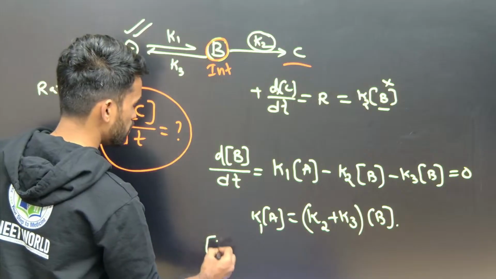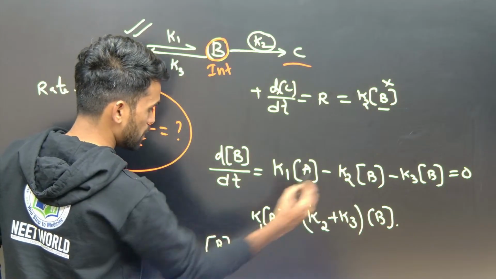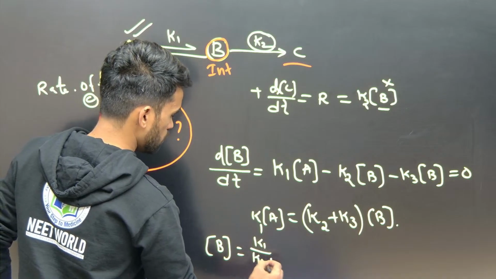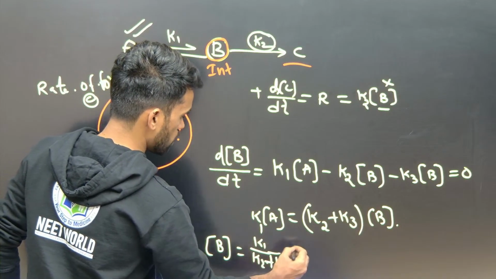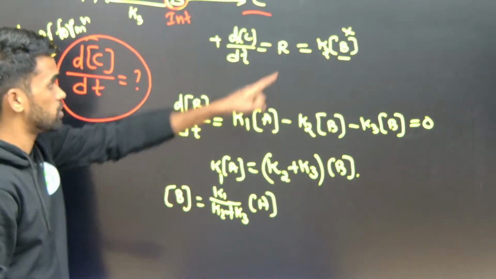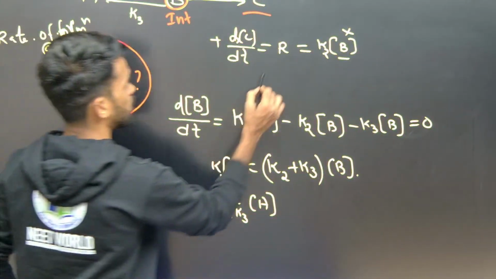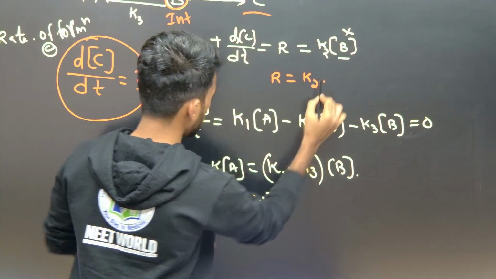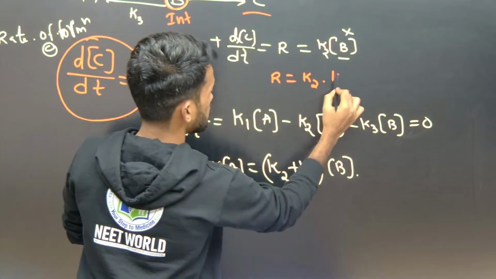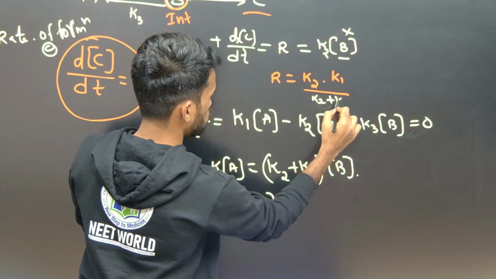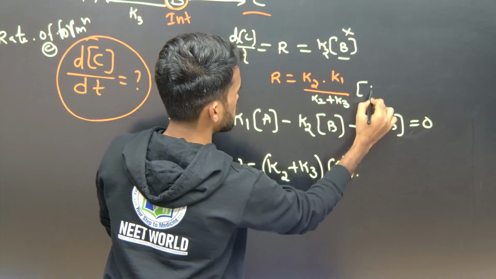So in the place of B, I can write K1 by K2 plus K3 into the concentration of A. This is what we can write in the place of the concentration of B in this equation, so that I will get rate equals K2 into K1 by K2 plus K3 into the concentration of A. That's it.